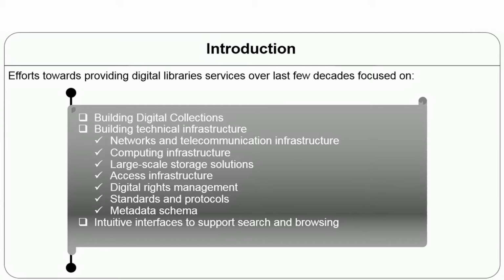Then the necessary infrastructure. So first is building digital collections, second is building technical infrastructure. The technical infrastructure includes networks and telecommunication infrastructure, computing infrastructure such as computer, printer, scanner or barcode scanner, electronic gate, RFID equipment, everything included in this computing infrastructure.